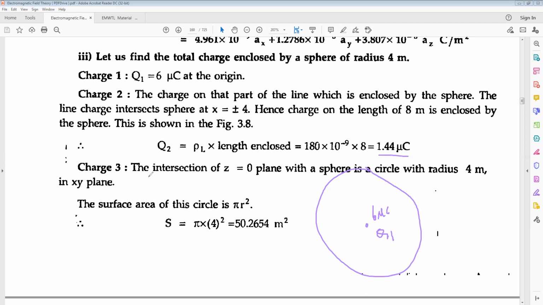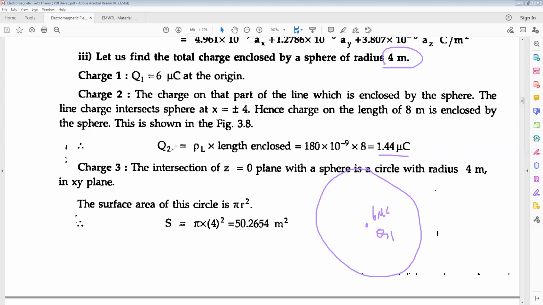And coming to the surface charge density, the intersection is at z equal to 0, which is a circle of radius 4 meters on the sphere. The formula for the surface area of the circle is S equal to pi r square. R is given, it is 4 meters. The total length enclosed here, 4 plus 4 is 8 totally.